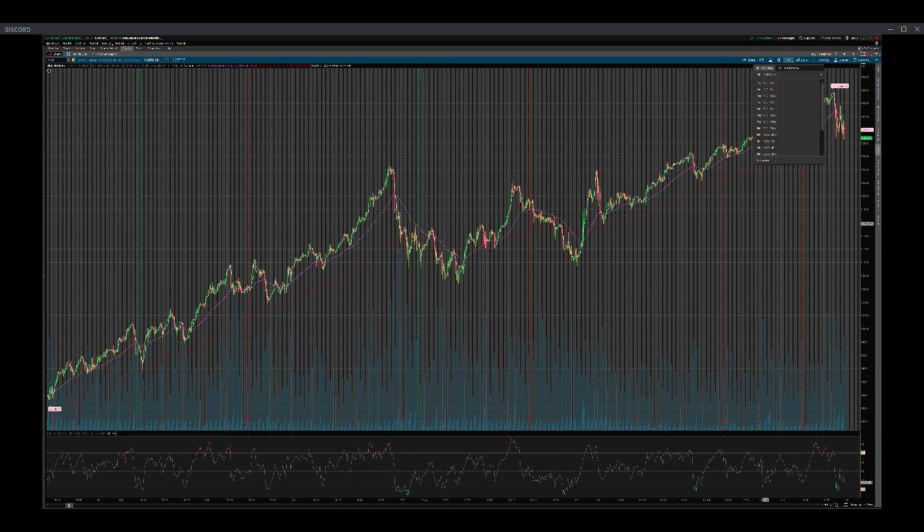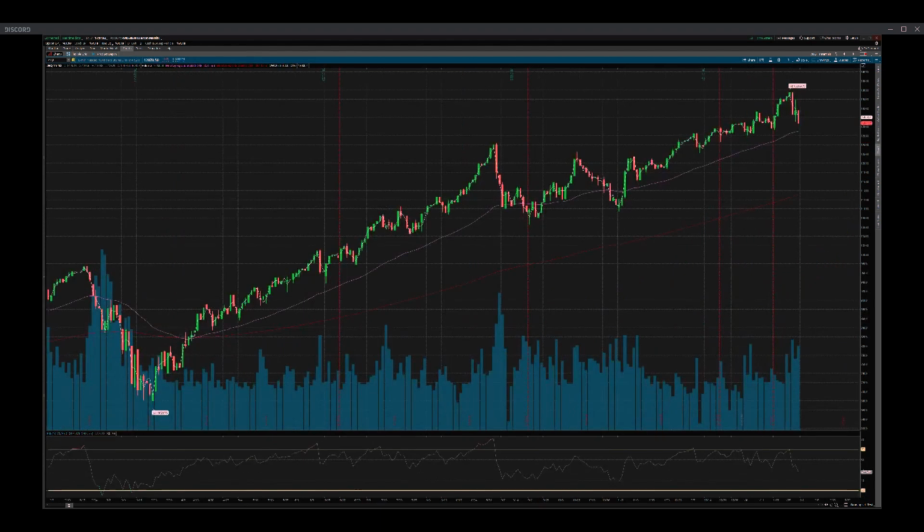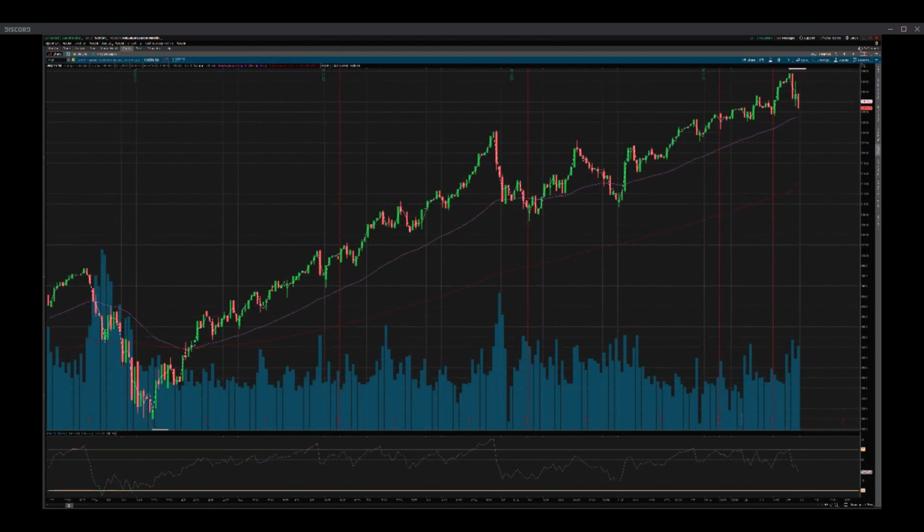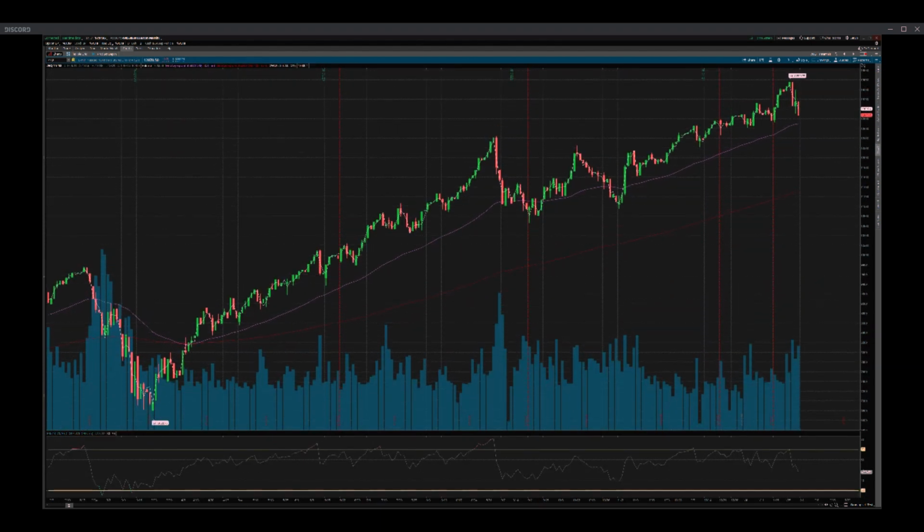If not, I'll go to the daily and look at very high time frames to indicate specific levels. And the higher the time frame, the more action you have.